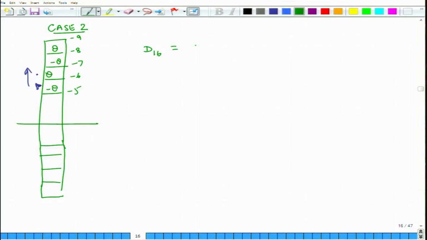The layer which is closest to the mid plane has an orientation of negative theta. So, its Q16 is minus Q16 bar divided by 3 times minus 5 cube minus minus 6 cube.